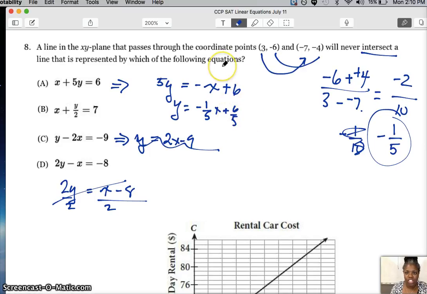They just asked me to figure out which one of the equations would be parallel. That's basically what this was code for. So if I could have eyeballed these, no way that's 1/5, no way that's 1/5, this is the only one with a 5. If you didn't have any other ideas, guess and check, or make an educated guess, I would have chosen A because of that 5 right there and the fact that I knew I'd have to manipulate it and get -1/5.